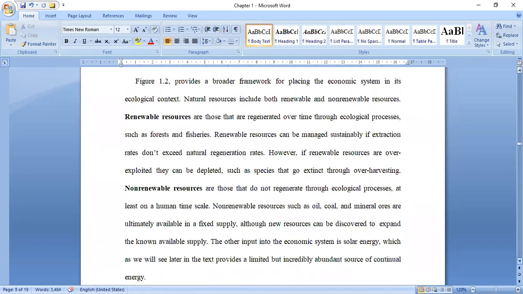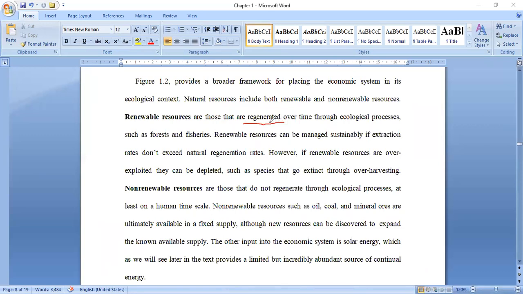So we have natural resources, and the natural resources can either be renewable resources or non-renewable resources. Renewable resources are those resources that can be regenerated through ecological processes. What do I mean by regenerated?